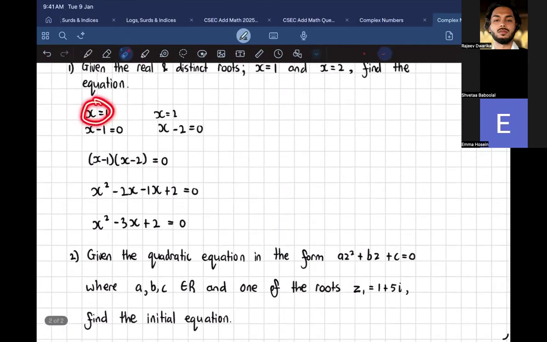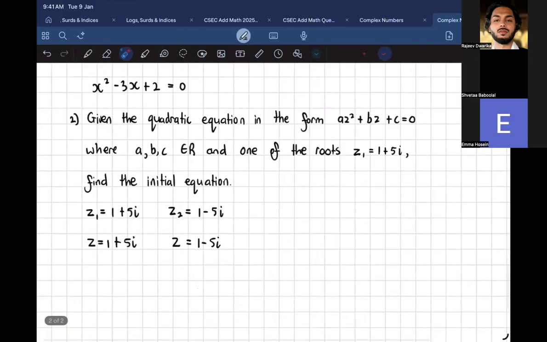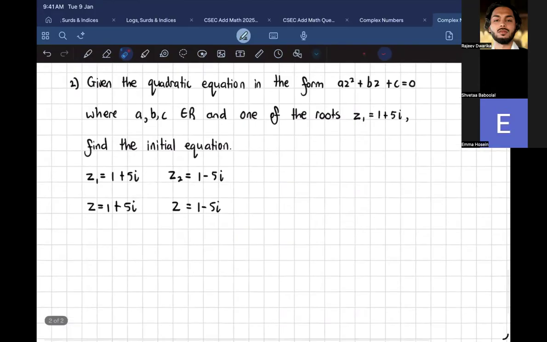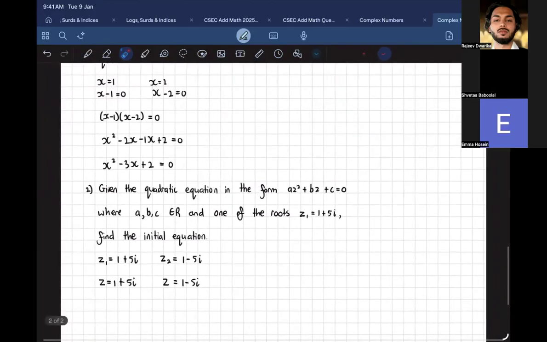So Shweta, isn't it essentially the same thing as this? They give you the roots, right? In this case, the roots were real, you see, x is equal to 1 and x is equal to 2. In this case, the root exists as a complex number. Cool. So we're going to follow the exact same process. Tell me if I'm losing you, right? I'm going to take the 1 plus 5i and move it across to the left-hand side.